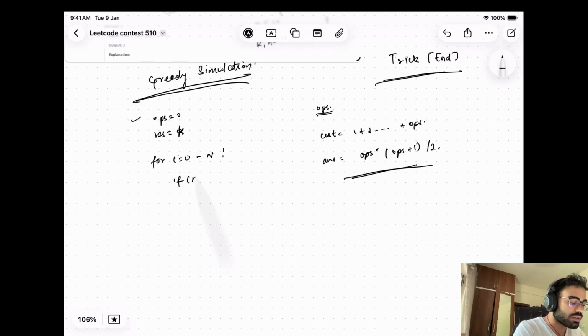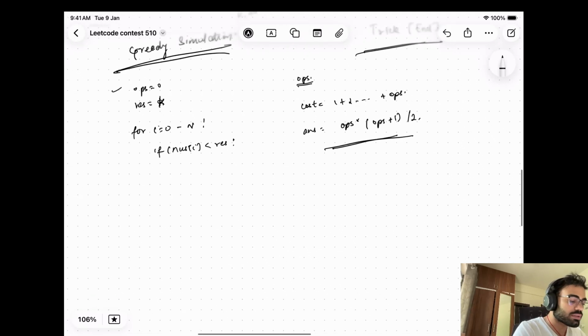I'll simply check if nums[i] is less than my resources. If it's less than resources, then we simply do resources minus equals nums[i]. We basically simply remove this one.